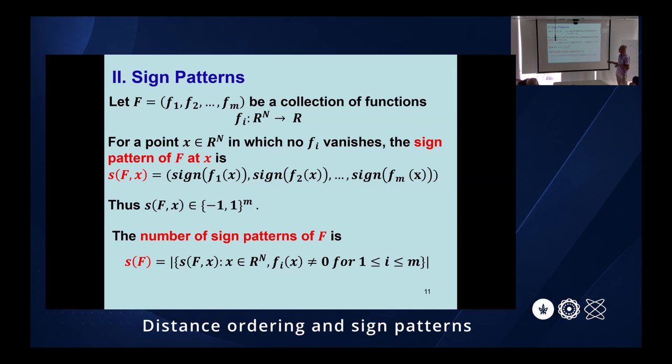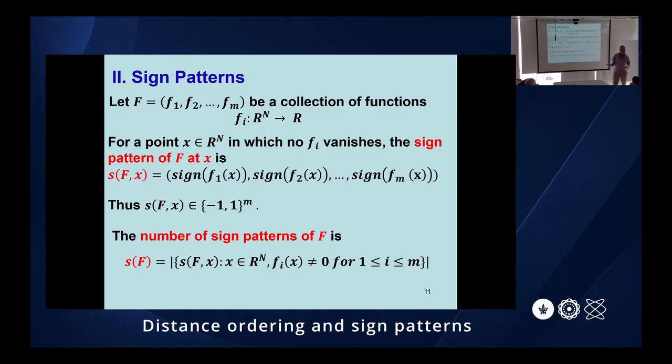So no f_i is 0, and then we can define the sign pattern of this sequence of functions at the point x. We just plug x in, and look at the sign of each function, either positive or negative. These are real functions. So we get a vector of length m of plus and minus 1s.